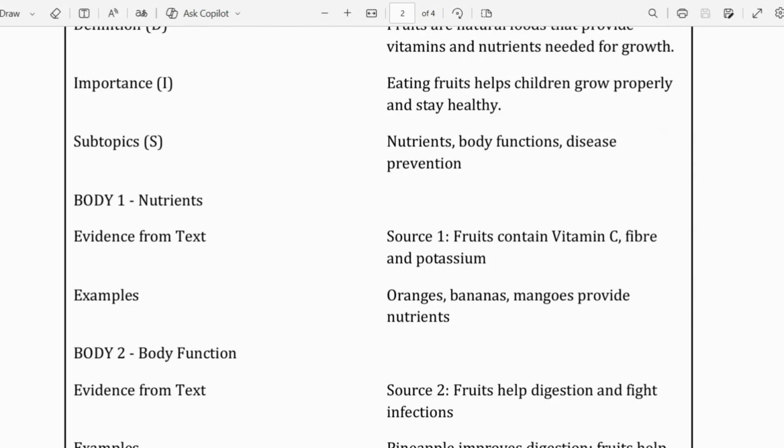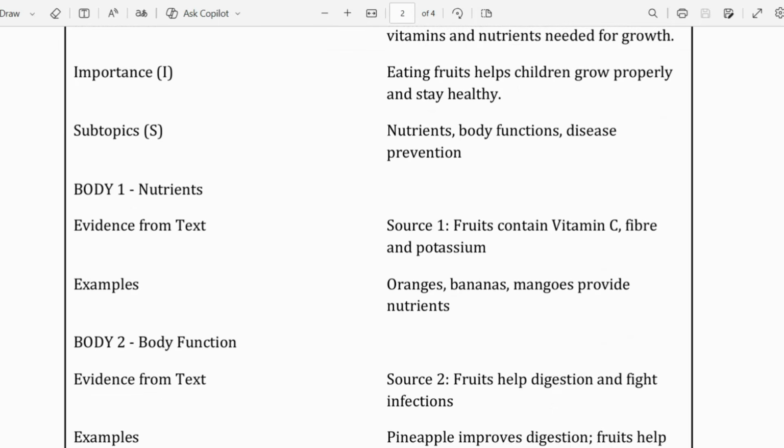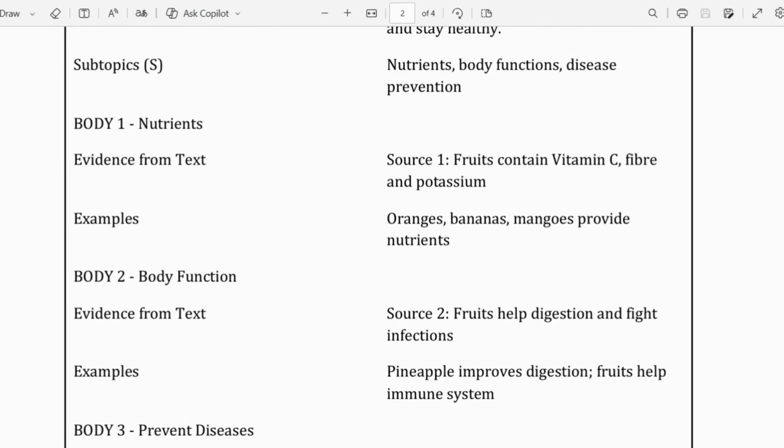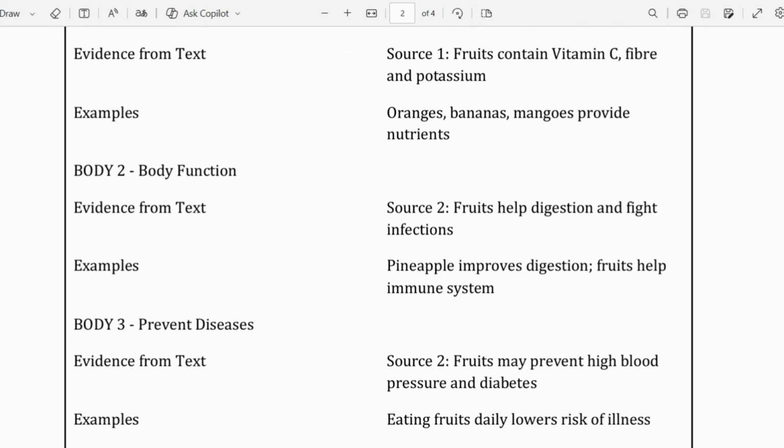So for body paragraph 1, we're going to talk about the nutrients. The evidence from the text says that from source 1, it says fruits contain vitamin C, fiber, and potassium. And the examples are that oranges, bananas, mangoes provide nutrients. And you can say which nutrients. Again, you're going to expound on this. For body paragraph 2, we're talking about the body functions. The evidence from the source is that source 2 says fruits help with digestion and fight infections.